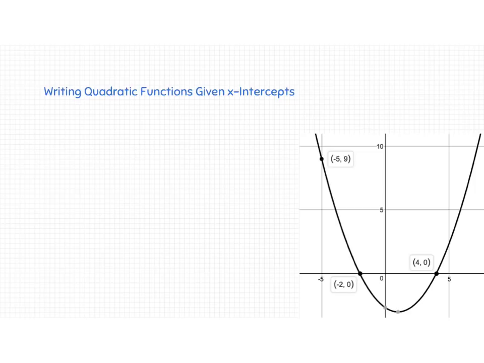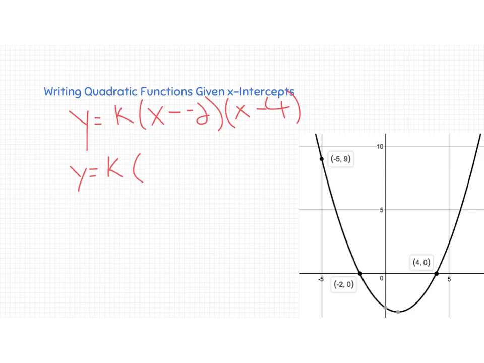Now, given a graph, we can start out with y equals k, x minus our first one, which is negative 2, and x minus our second one, which is positive 4. So you get y equals k times x plus 2 times x minus 4.